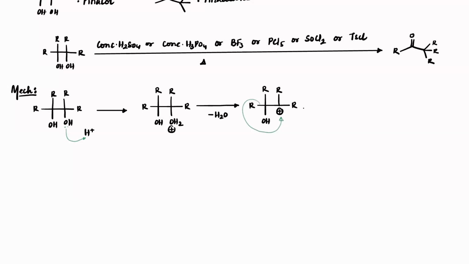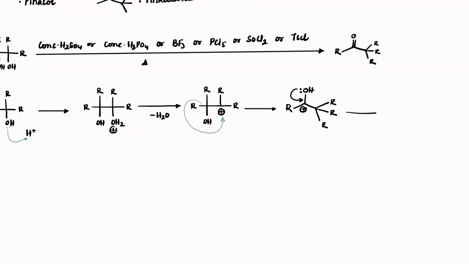As it migrates, you will have R with OH with plus charge here. The next carbon has three R groups. The lone pair present on oxygen will donate the electrons, and that's how you end up getting a double bond form here: double bond O, H plus, and three R groups here like this.